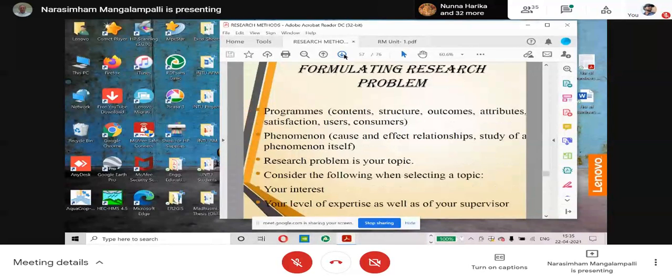Your research problem contains programs, that means the content, structure, outcome, attributes, satisfaction, users, and consumers. See, your research problem has to take into consideration all these aspects of programs.